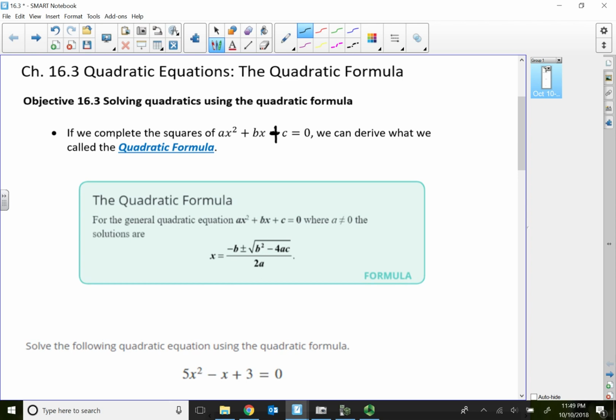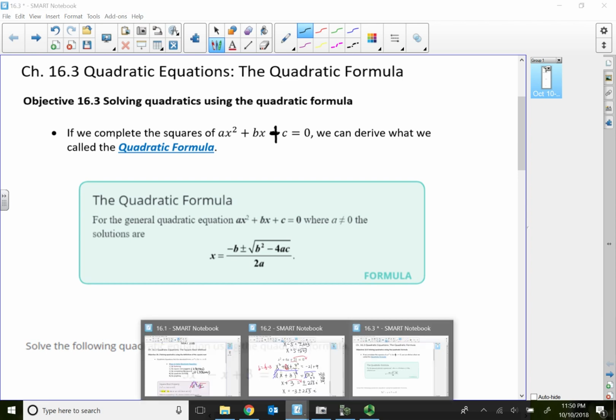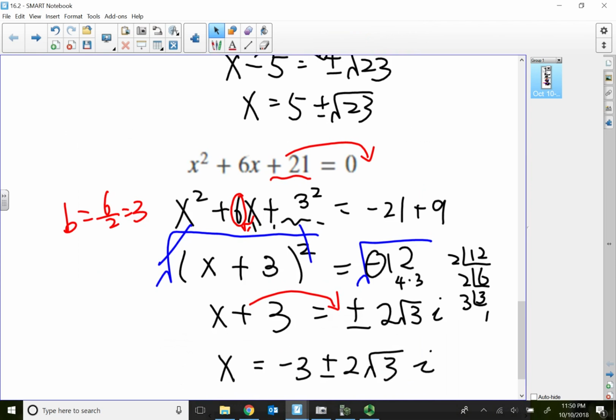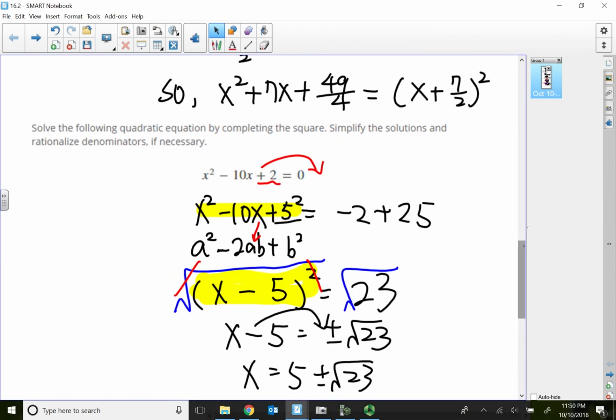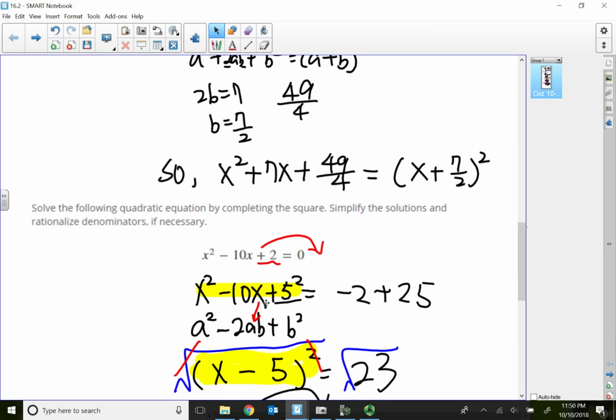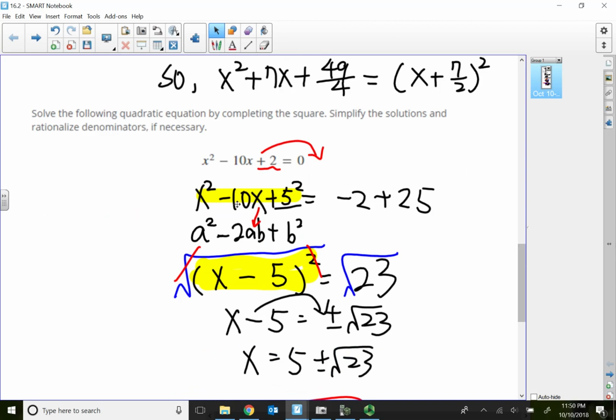To get that middle term, b is really divided by 2a, not just 2, because you also have to cancel out the a part, which I didn't really write out. The x is the a, so we're not worried about the x part. We're just worried about the coefficient part in order to get a b.